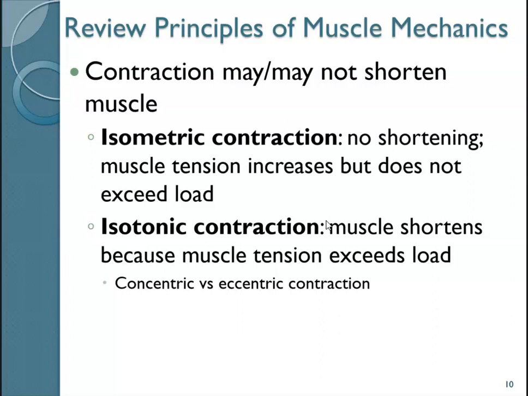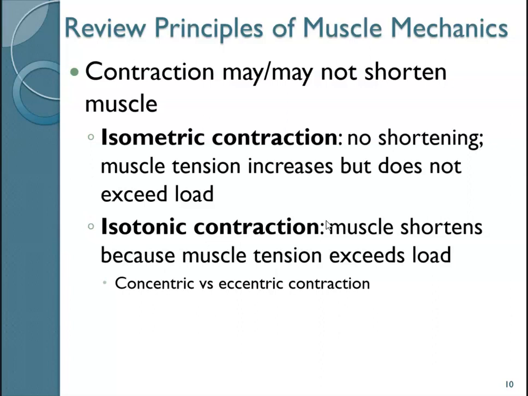So this happens when the muscle tension does not exceed the load, so the load is bigger. While isotonic, we are having a smooth contraction, right? So it's shortening, but we do not change the tension. If you have smooth movement of an object without changing the velocity of the movement, we will have isotonic. Then concentric and eccentric.